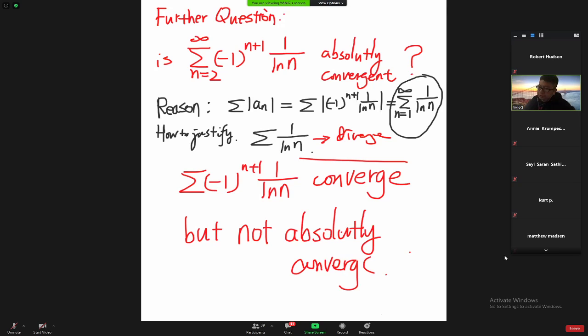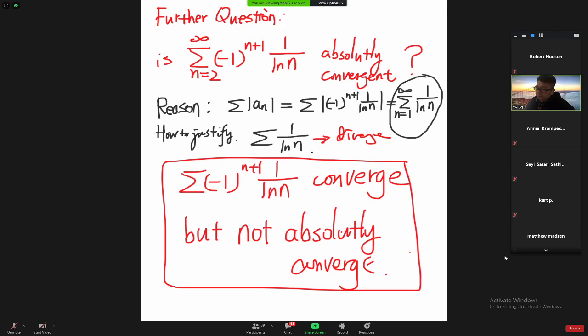And that's the conclusion, right? It converges because we apply the alternating series test. But if you put in the absolute value, we find it diverges. This is a very interesting series, right?